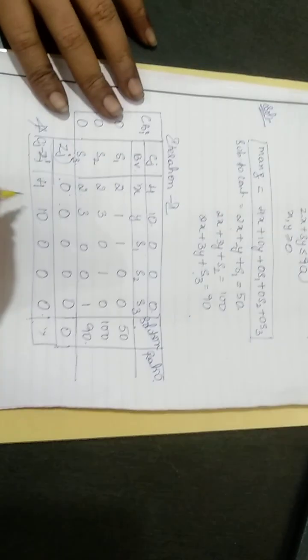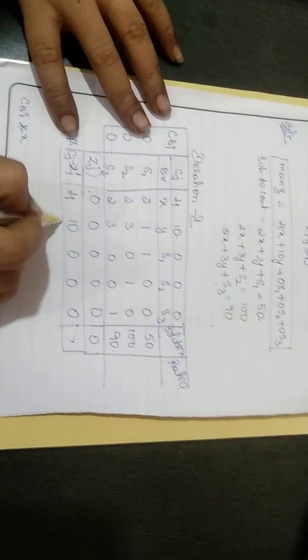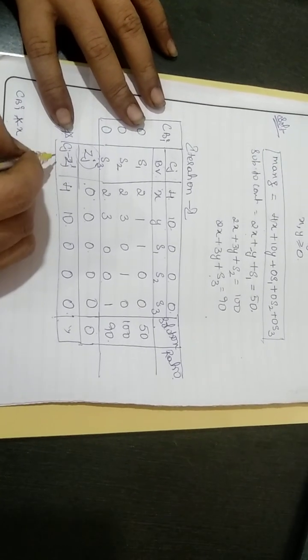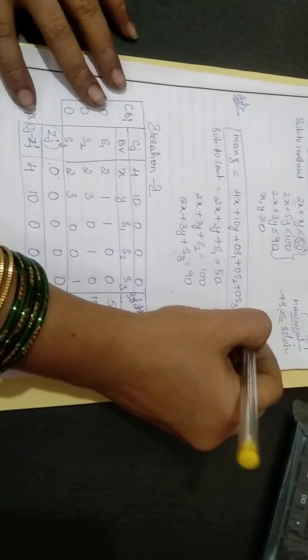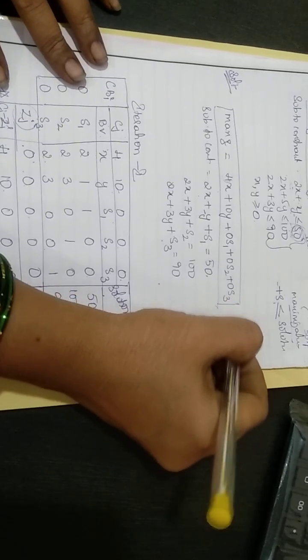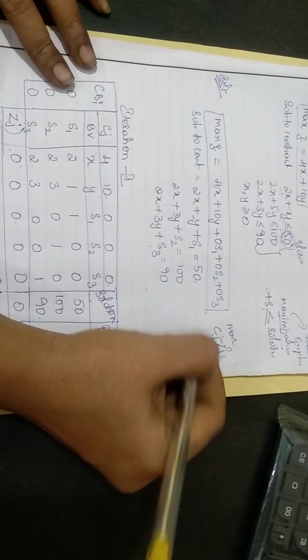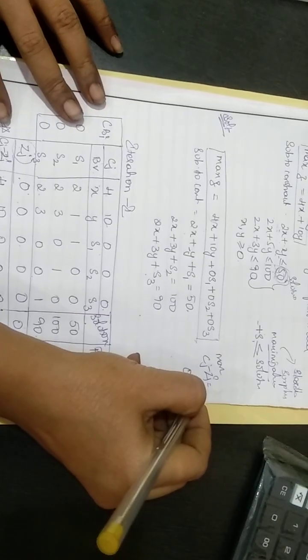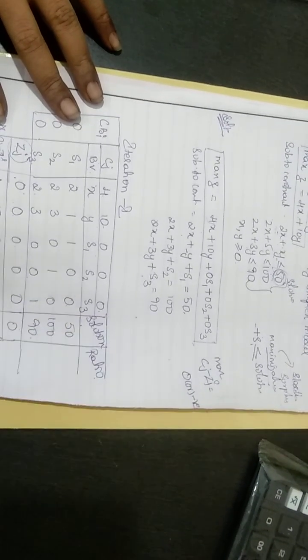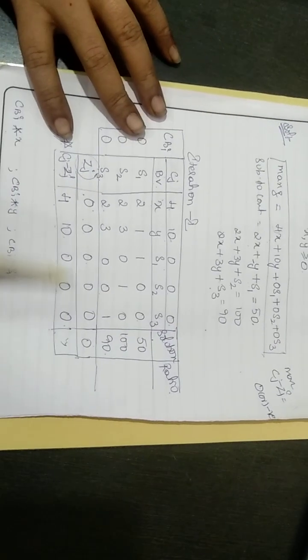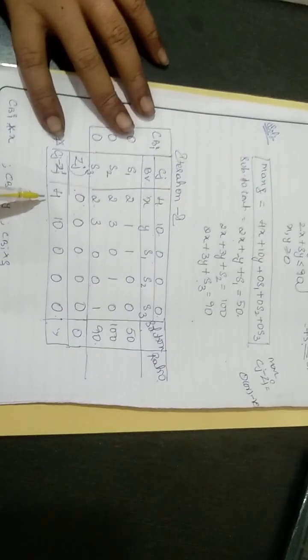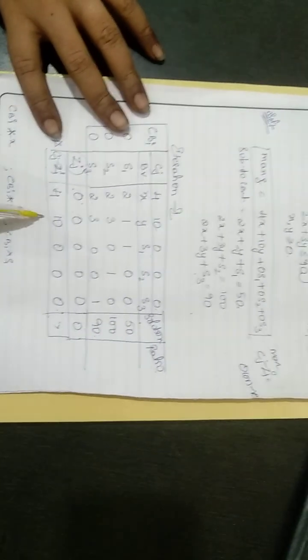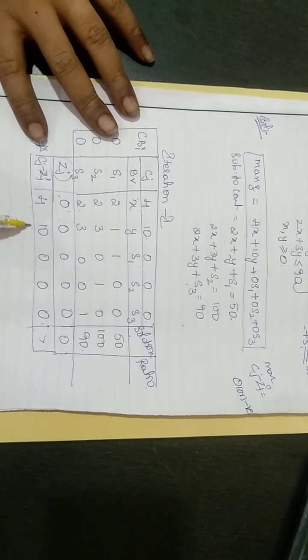Now in our maximization problems, remember it is always important that the Cj minus Zj should be either 0 or negative values. But here I didn't have any negative values; I have got positive values.